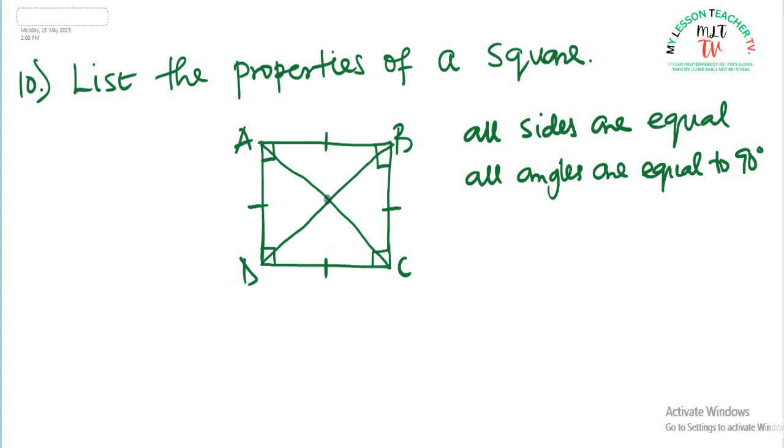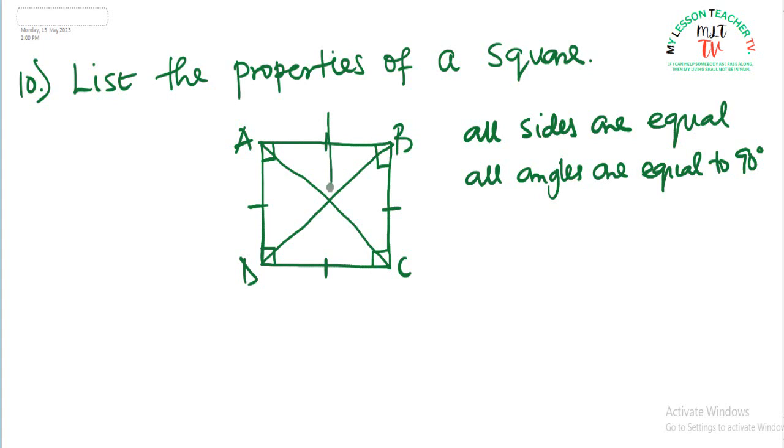Also, we have it that the diagonal divides it into two equal parts, and it can be said to have 4 lines of symmetry. A line of symmetry is a line that divides a shape into two equal parts. So if you look at it, when you draw a line from A to C, it divides it into two right angle triangles.